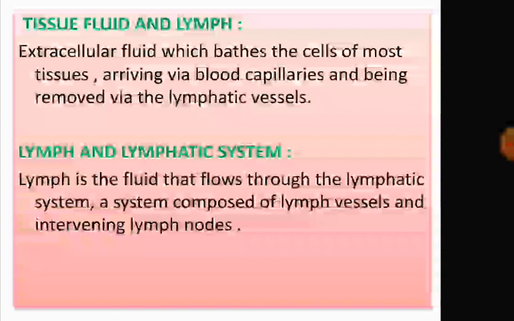Next, tissue fluid and lymph. This is the extracellular fluid which bathes the cells of most tissues, arriving via blood capillaries and being removed via the lymphatic vessels. It is called tissue fluid. As the blood flows in the capillaries, the plasma and the leukocytes, the WBCs, leak out through their walls.